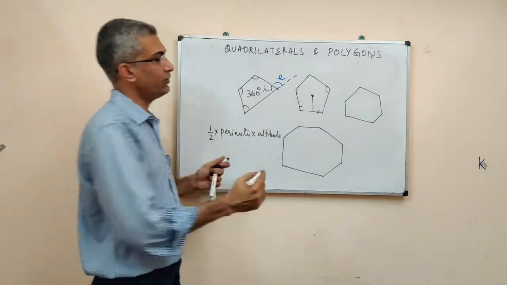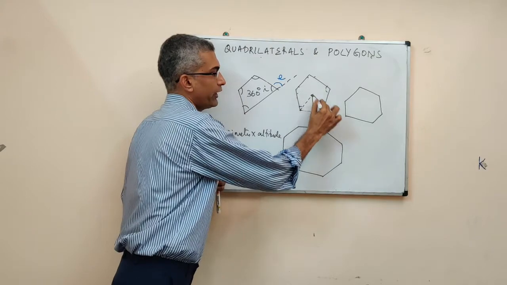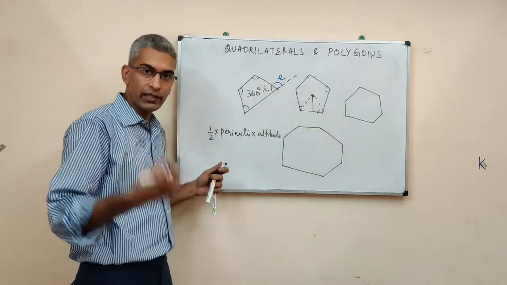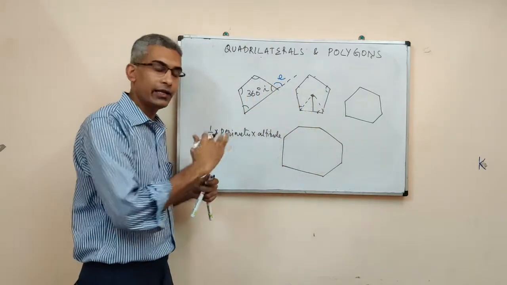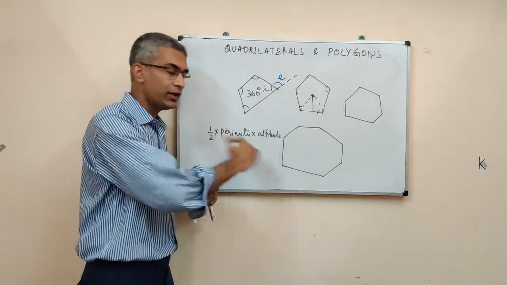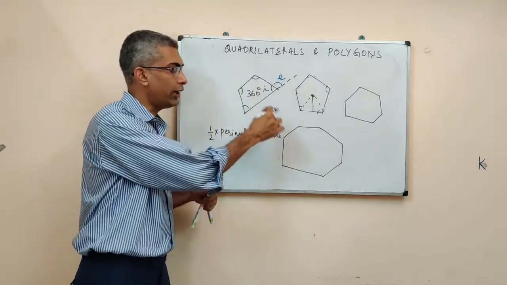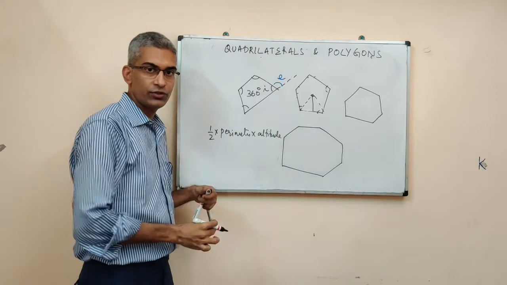What we are basically doing is splitting this into small triangles, finding the area of each triangle and adding it up. So it will be half into the perimeter of this polygon into the altitude drawn from the center to this side.